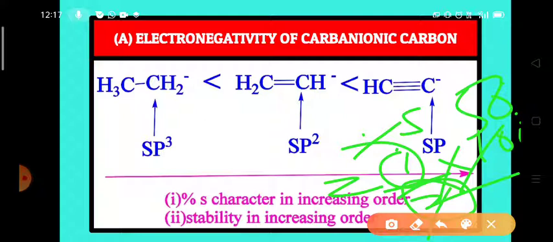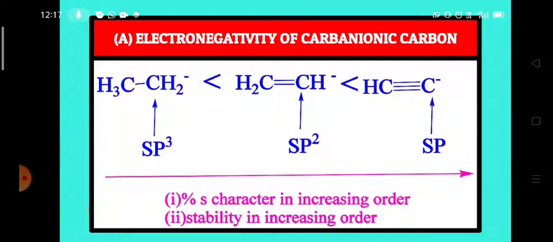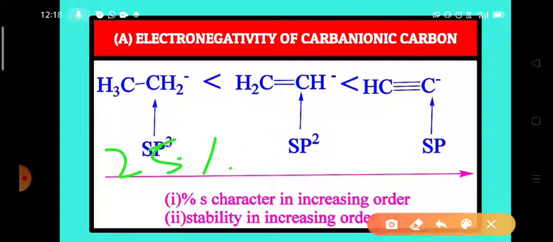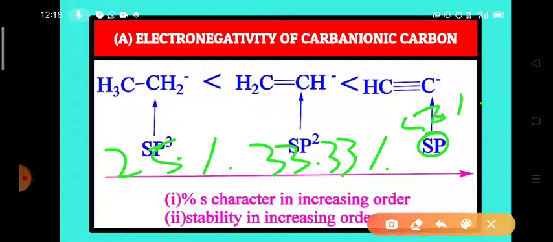So now we know the percentage of S orbital in these hybridizations. In sp3 hybridization, the percentage of S orbital is 25, in sp2 it is 33.3, and in sp hybridization it is 50 percent. So the percentage of S character in the sp hybrid orbital is very high.